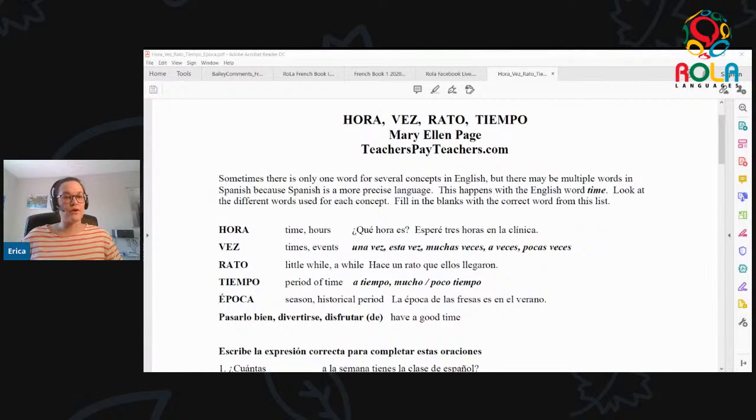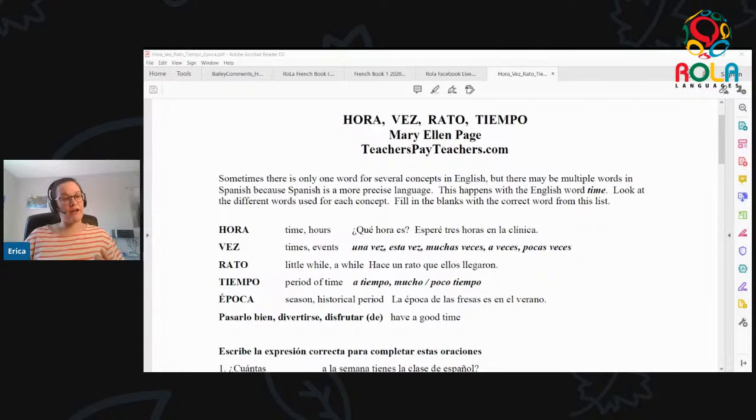So we use it mostly to describe a certain period of time. And it could be defined because it's a specific historical period and that historical period has a name, or you can also use it to describe that period of time in your life. So like en esta época, in this time, or en aquella época, in that time long ago. So we're talking about this period of time in your life. So that's how we would use the word época.